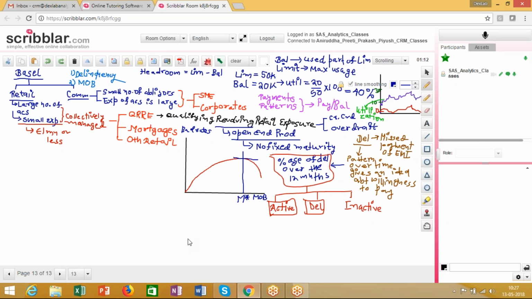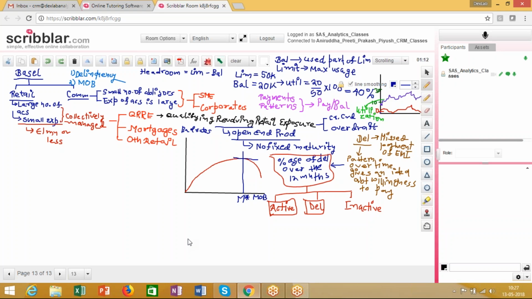So therefore, this is not vintage analysis. In vintage analysis, we take the cumulative loss rates. Over here, I am taking the bad rates. So in vintage analysis, you look into the cumulative loss rates where the loss rates stabilize. And over here, we are just looking into the individual bad rates over the month on books, right?